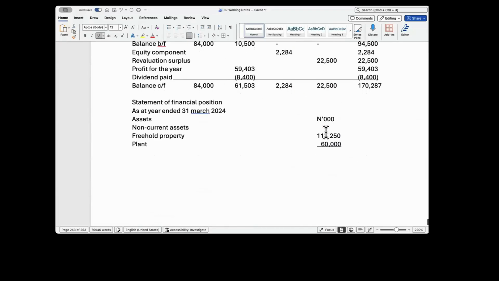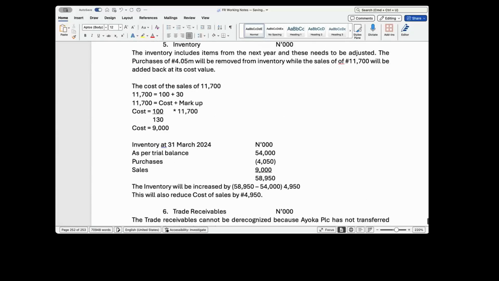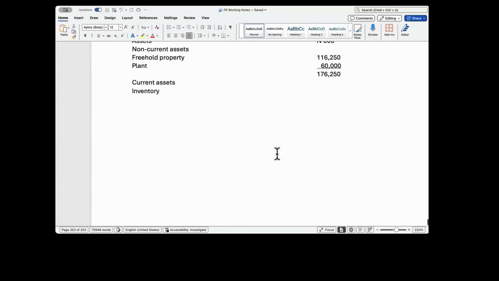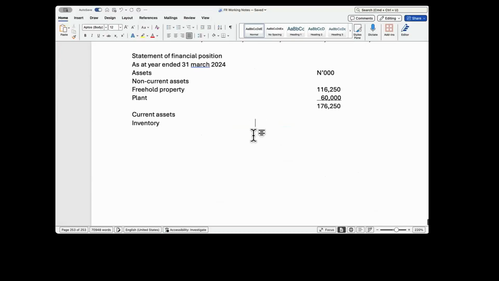116,250. Please, you can go ahead and ask your question. Other people give me figures for this. 176,250. My current assets, I have my inventory. And from my workings, I got my inventory as 58,950.